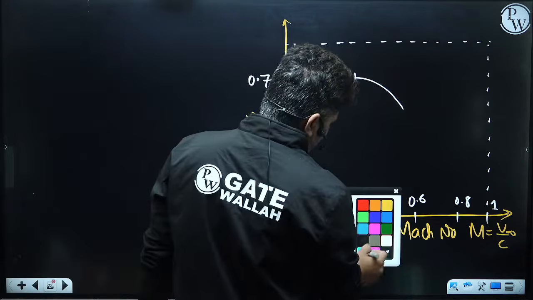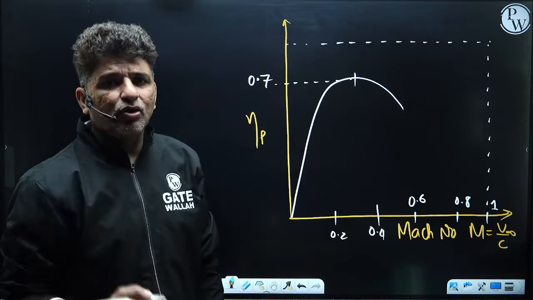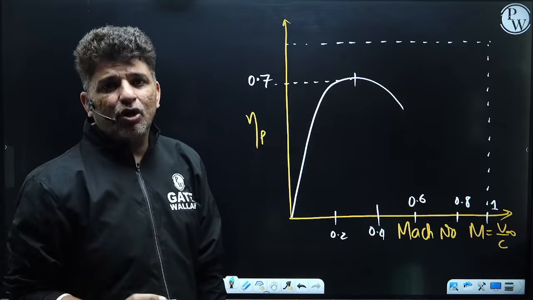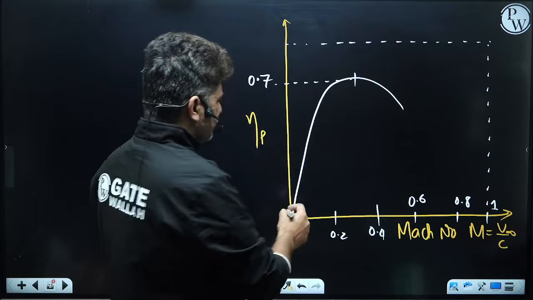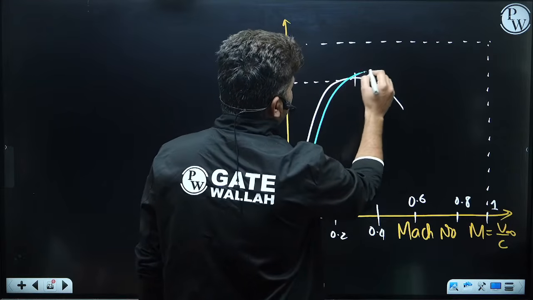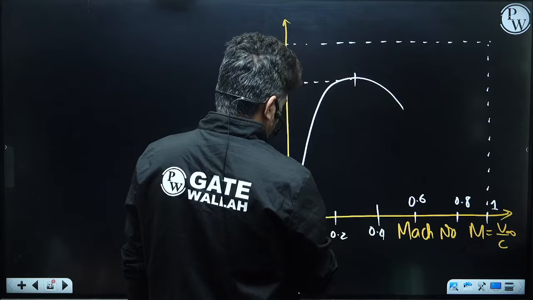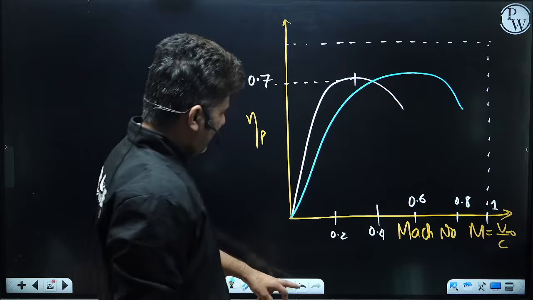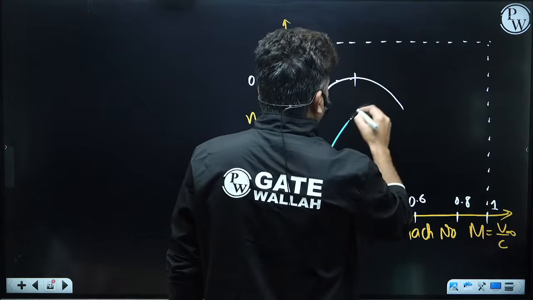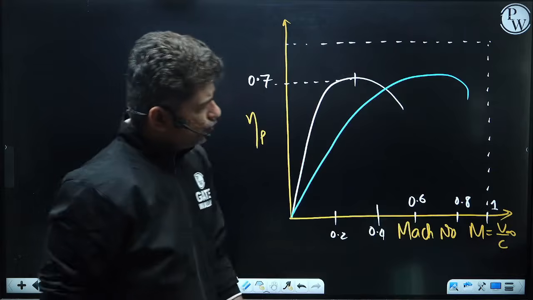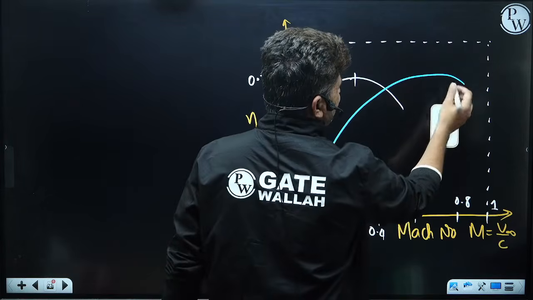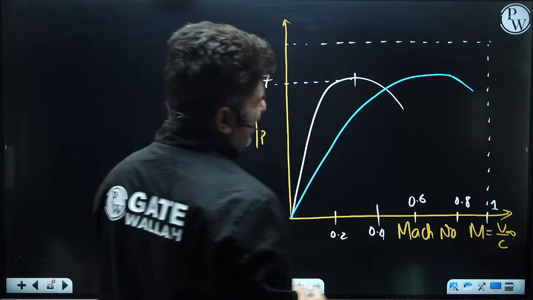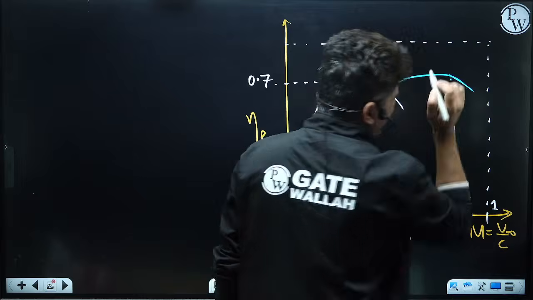Similarly for turbofans, they have a curve like this, but the domain is much more varied. Turbofans can show a much bigger domain. They have the maximum efficiency very close to Mach number of 1, reached at Mach number of 0.8 to 0.9.